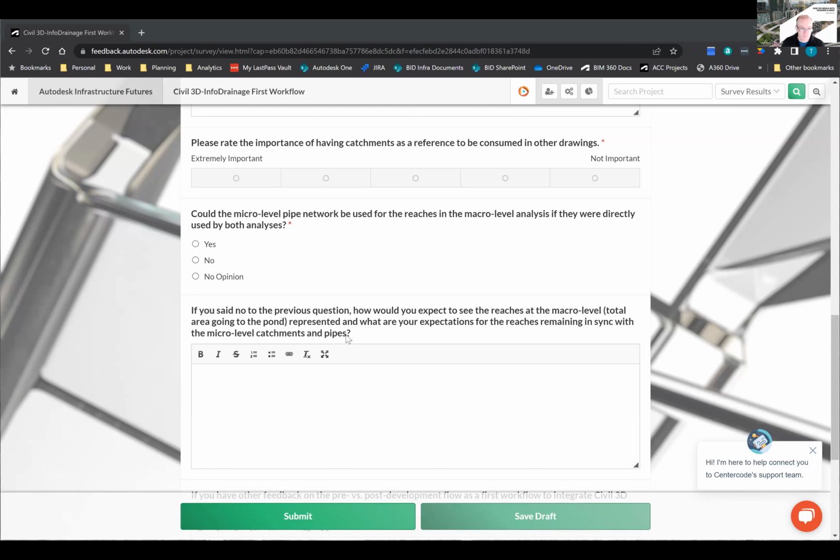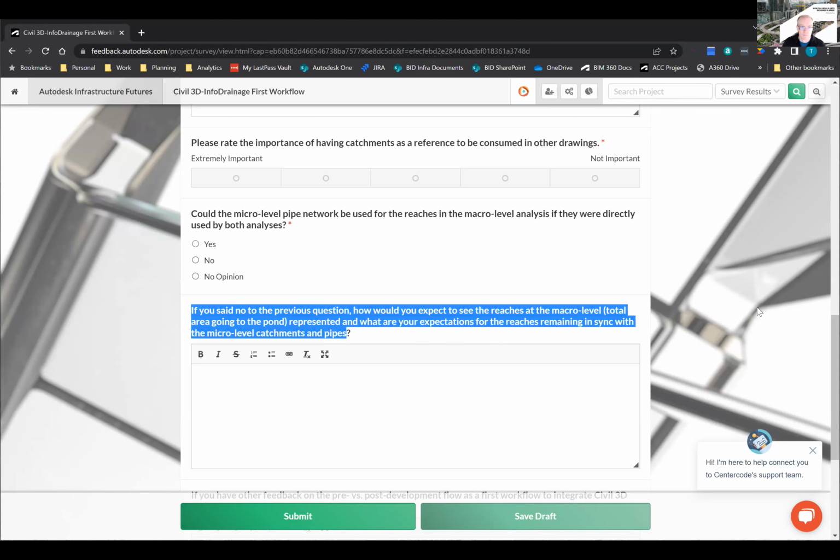And this one was related, right? If you say no to the previous one, that it's not okay to use the pipes for both, then this is an open question: what do you expect to see for the reaches, how you'd like to see them modeled, how they'd be represented in Civil 3D, and how you'd expect those to sync with the macro level.